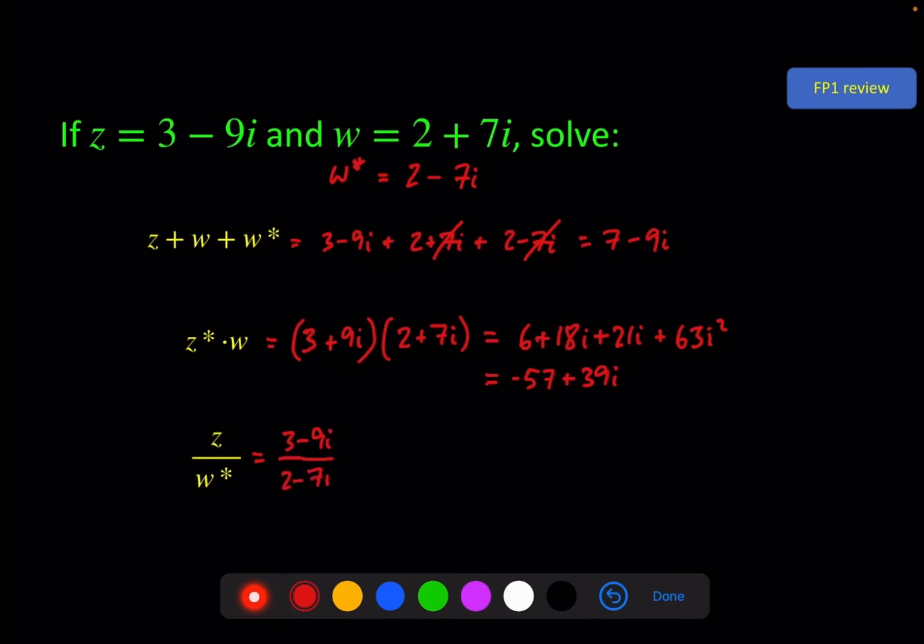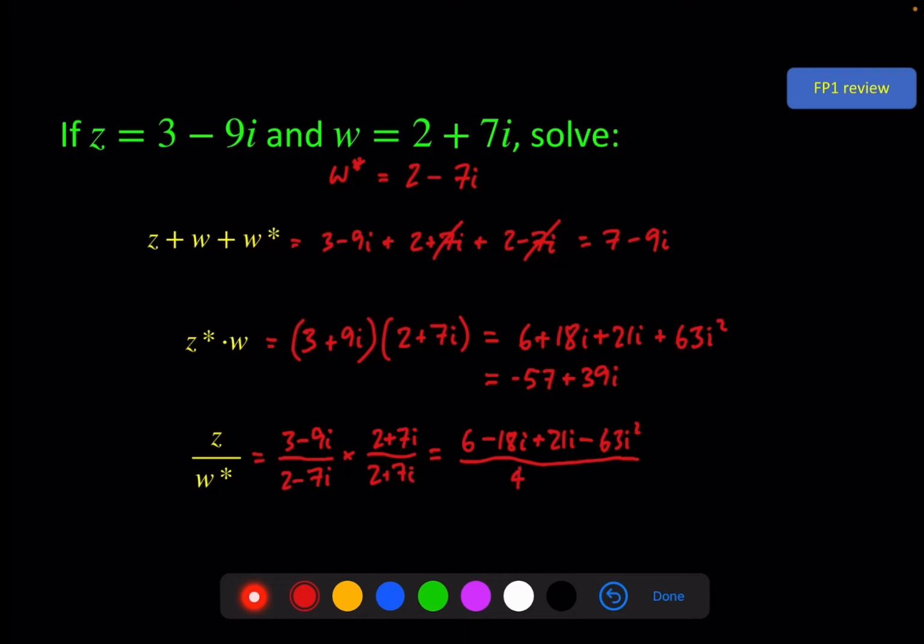Third and final one, Z divided by the complex conjugate of W is 3 minus 9i divided by 2 minus 7i, and to put this into the usual form a plus bi, we need to multiply by the conjugate of the thing on the bottom, which takes us back to W, 2 plus 7i. And then we follow this through, 6 minus 18i plus 21i minus 63i squared, all divided by 4 plus 49.